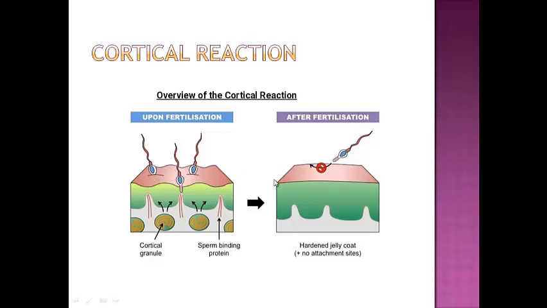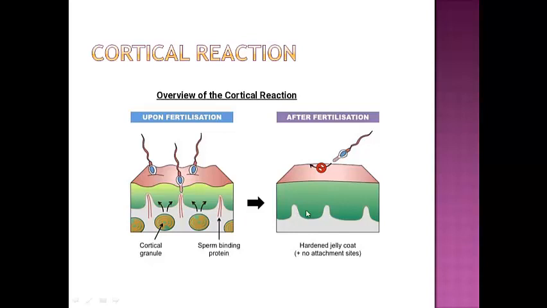If we move on to the next picture, you'll notice that the outer lining of the ovum has gone from curvy to straight. That's the jelly coat that was formed by the cortical granules.